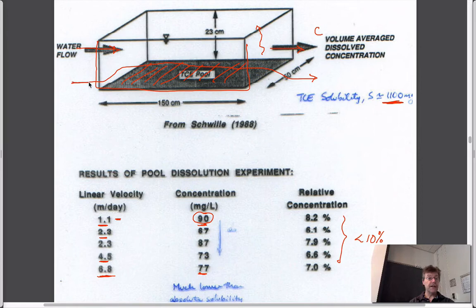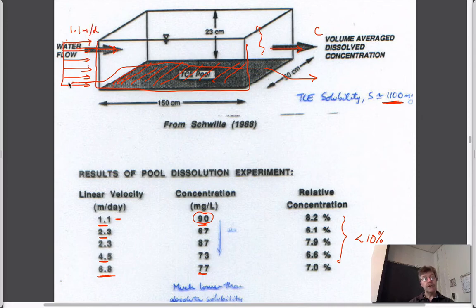So part of the rationale is that the fluid going through here only has a very small contact area. And if you looked at what the velocity profile would look like as you went across here, I suppose it would look like this. And this would be this Darcy velocity of 1.1 meters a day.